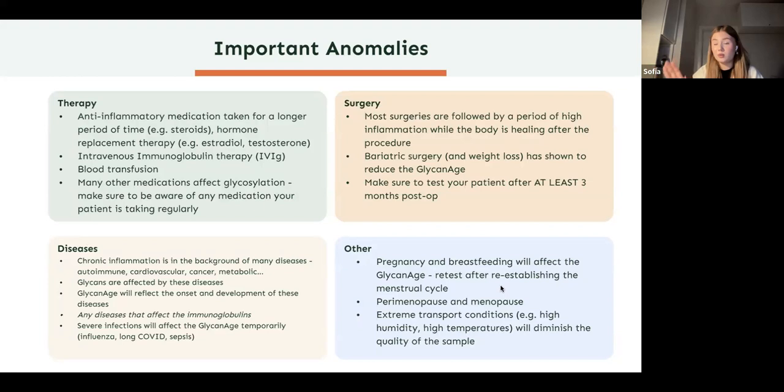So we need to wait until the reestablishment of the cycle, perimenopause and menopause, which we already spoke about. And also, it's important to note that extreme transport conditions, so for example, high humidity, high temperatures, will diminish the quality of the sample. And this is why it's very important that you ship the sample to us as quickly as possible, and that you follow all of these tips that I gave you in the previous slides.